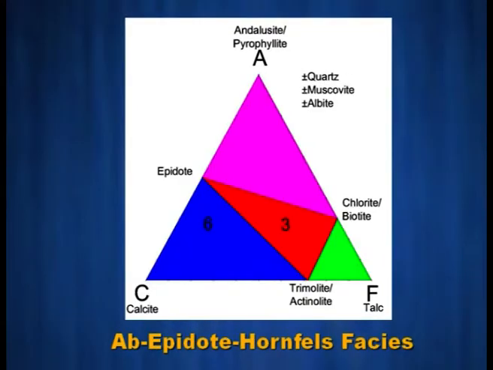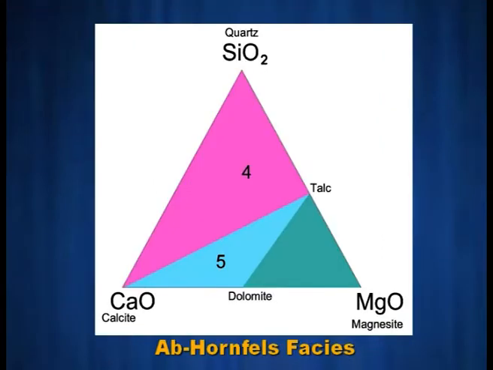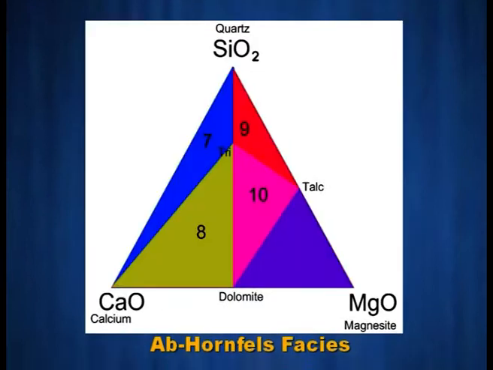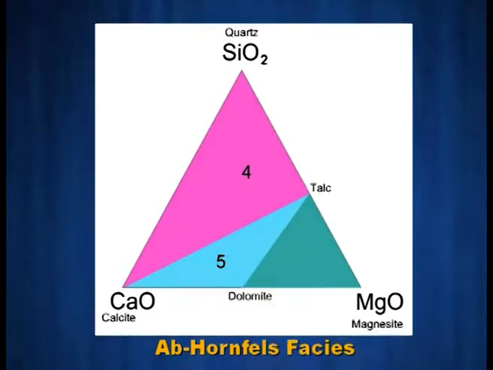Basic assemblage: albite, epidote, actinolite, chlorite, plus minus quartz, plus minus biotite. Calcareous assemblage: calcite, talc, plus minus quartz. Another calcareous assemblage is calcite, dolomite, talc, calcite, epidote.